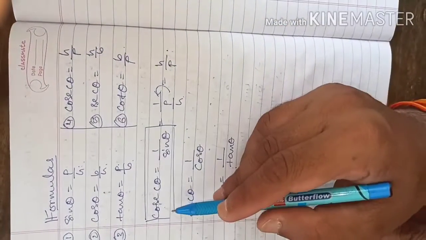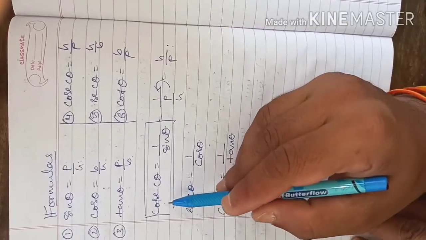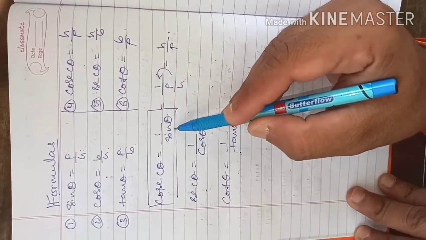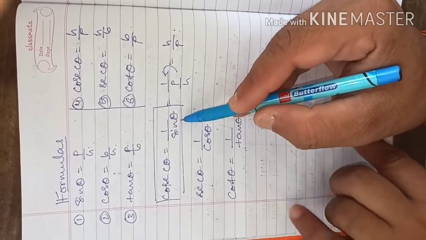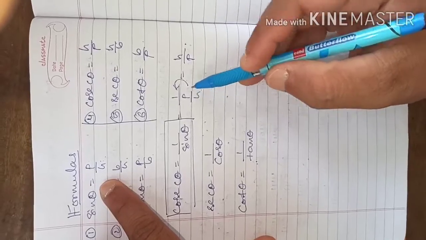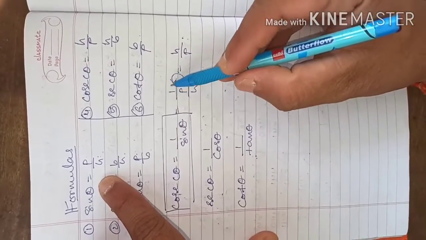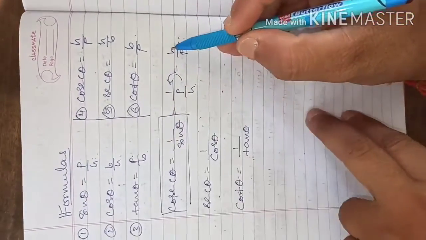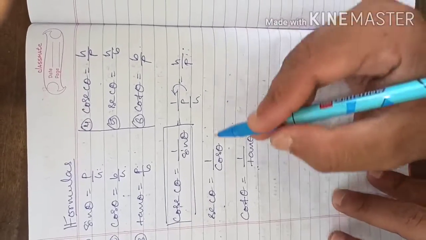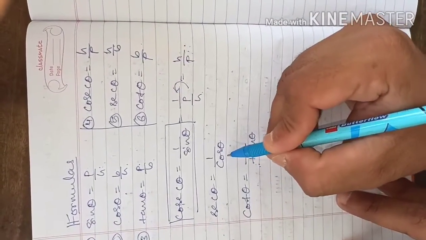Now a few more formulas. Cosec theta is 1 by sin theta. I told you, reciprocal, 1 by sin theta. Sin theta is P by H. When it goes to the numerator, it gets reversed. This is called the reciprocal, H by P. Are you getting it? Sec theta equals 1 by cos theta.